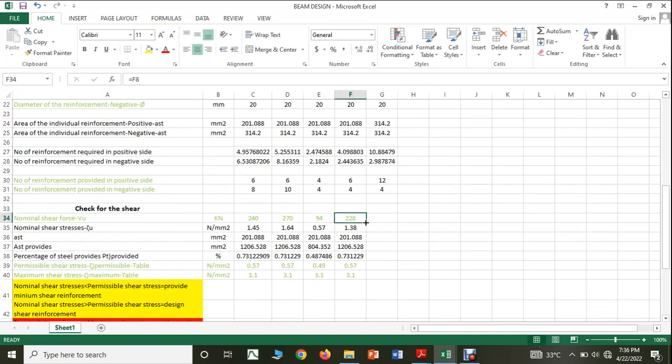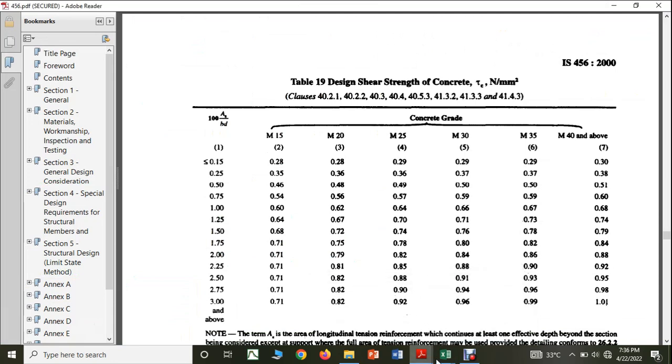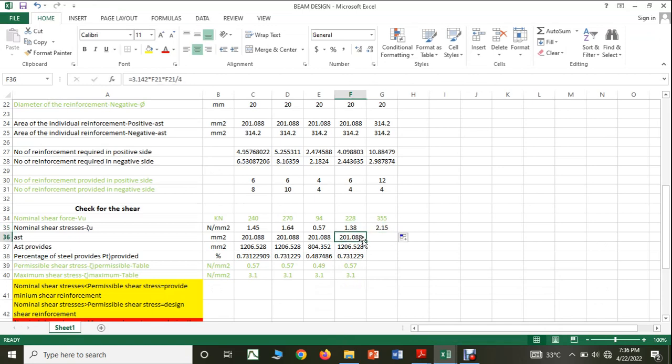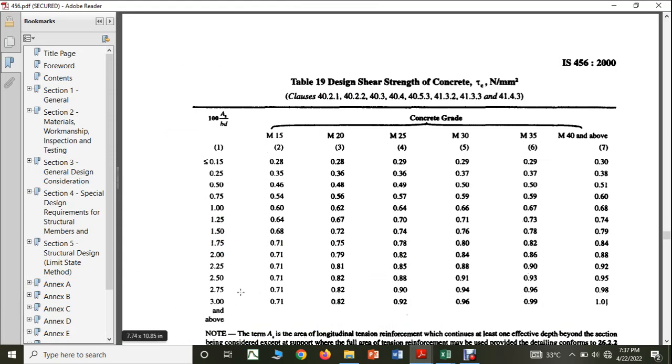And this will be the corresponding shear. This is also very high, 2.15 is the shear stress value. So if you see this one, this is 2.285. 2.285 means almost 2.3, or I can go to 2.25 with 0.85 value.